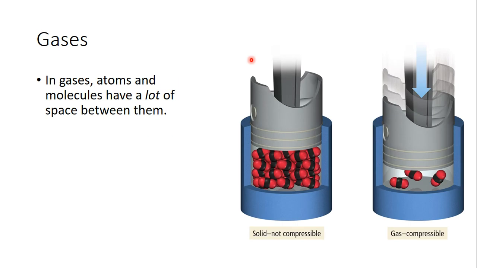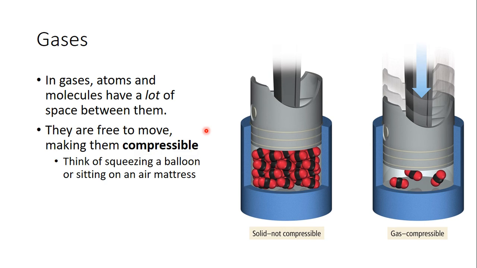The last type of matter are gases. And that's where there's a lot of space between atoms, and I do mean a lot. So as shown here, we're trying to compress a solid. We can't because there's no space. But we can compress a gas a lot because there's a lot of space between the gas molecules. They are free to move, so like I said, they are compressible.